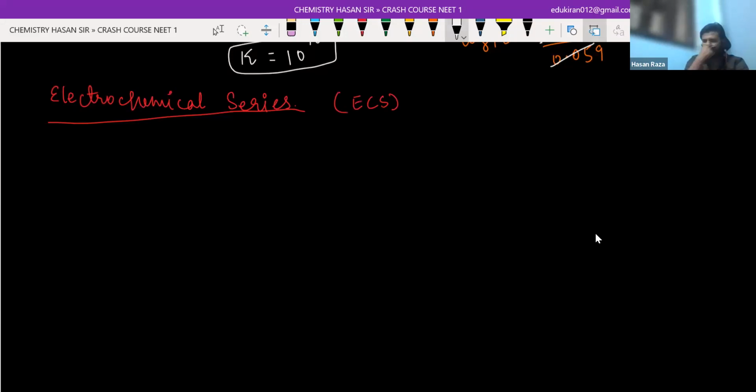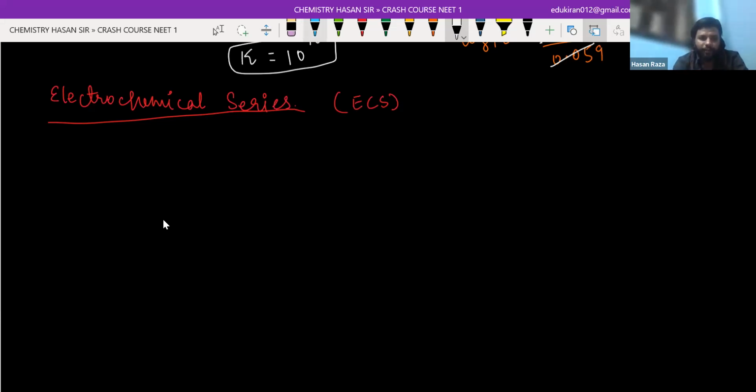According to this series and the values in it, you can usually decide which one is the more reducing agent and which one is the more or less oxidizing agent. So it gives you an idea to easily compare the oxidizing or reducing power.